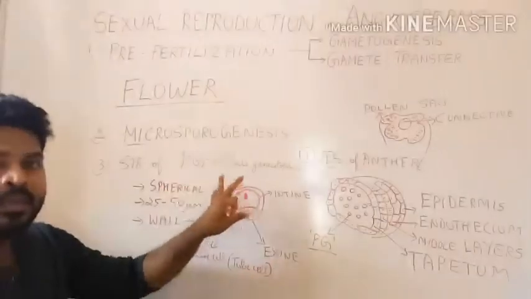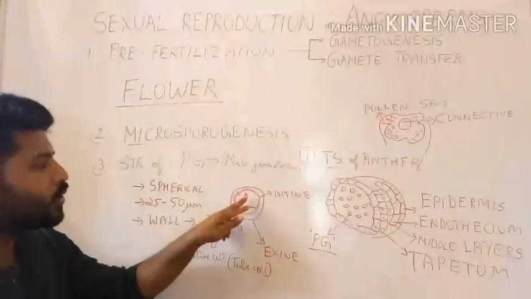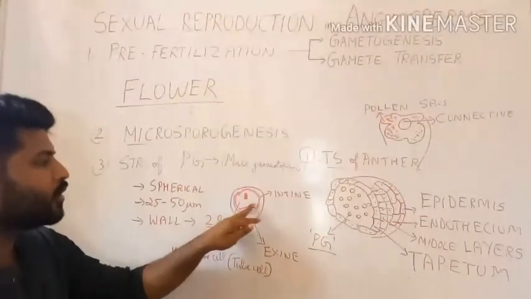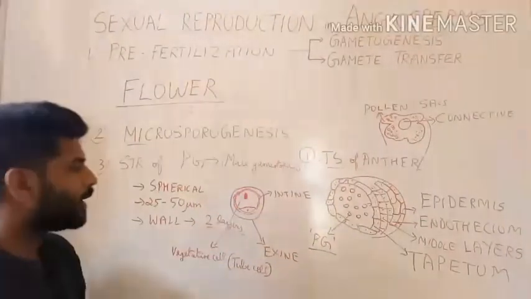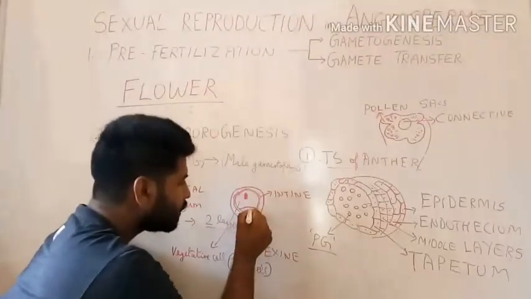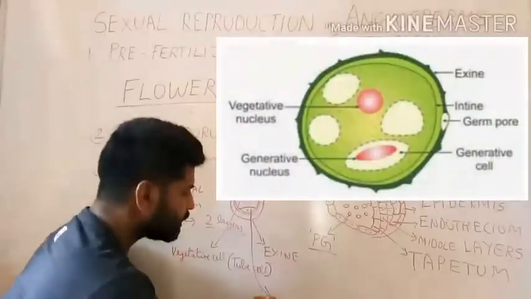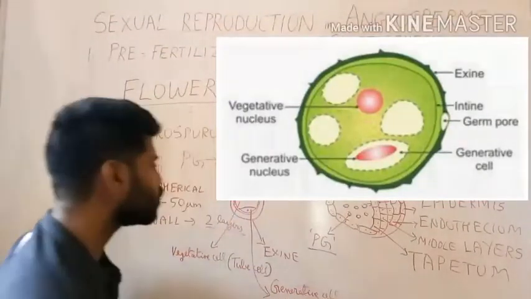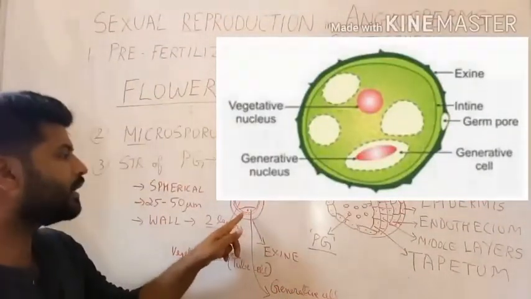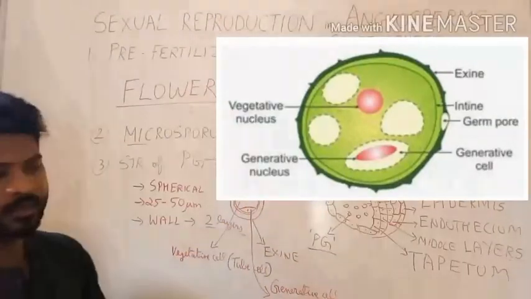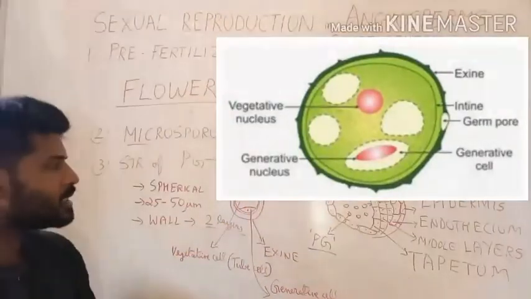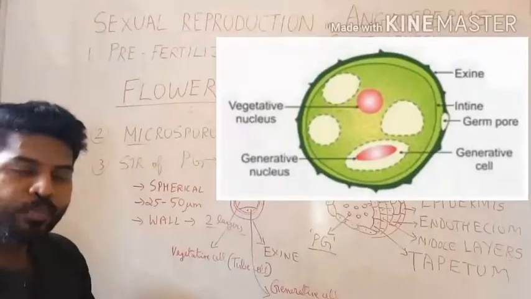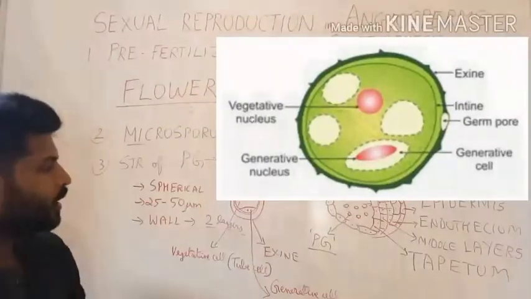It has dense cytoplasm, bigger in size, an irregular nucleus, and it is filled with nutrients. Whereas the lower cell is called the generative cell. It is smaller in size and spindle shaped. So this is the general structure of a pollen grain.